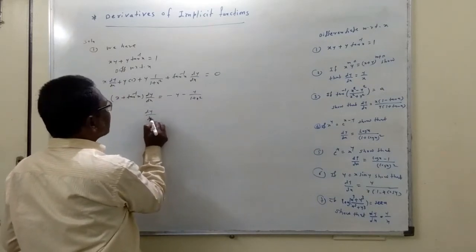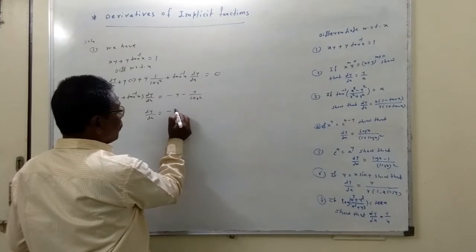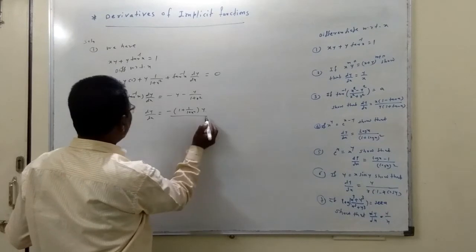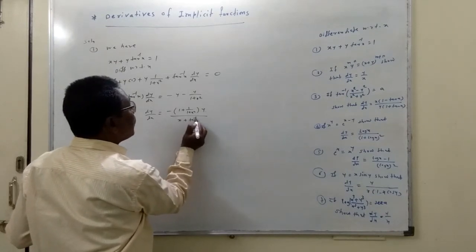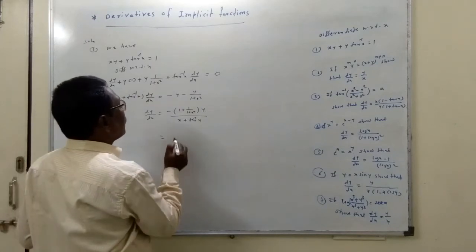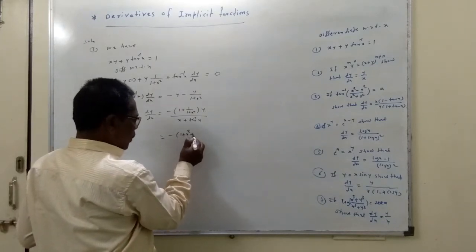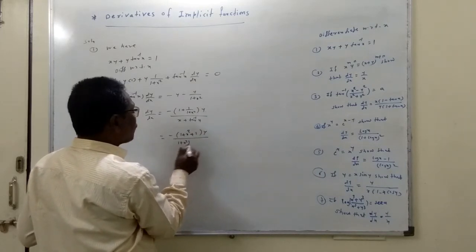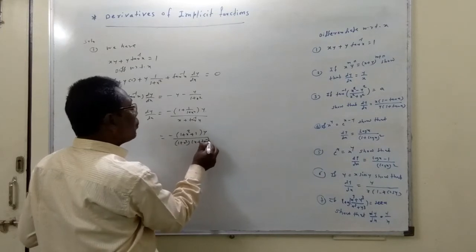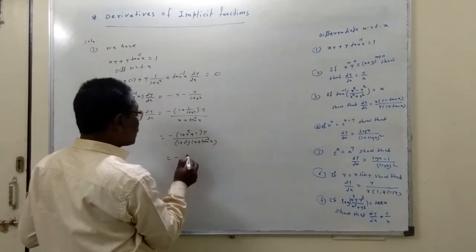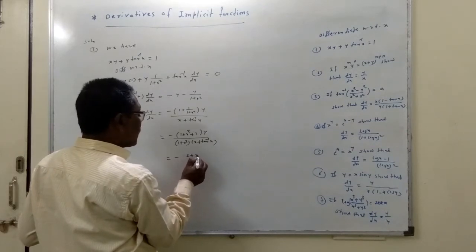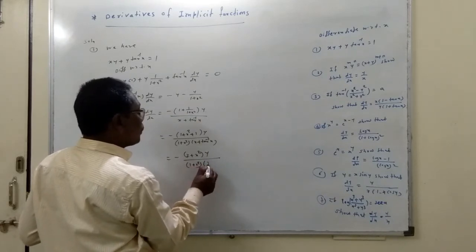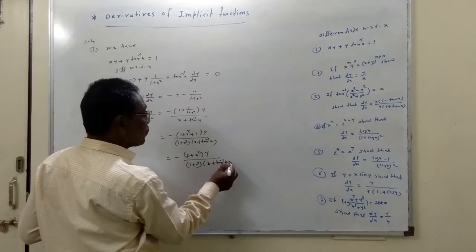So dy by dx is equal to minus y upon 1 plus x square, divided by x plus tan inverse x. If we simplify further, it is minus y divided by 1 plus x square into x plus tan inverse x.